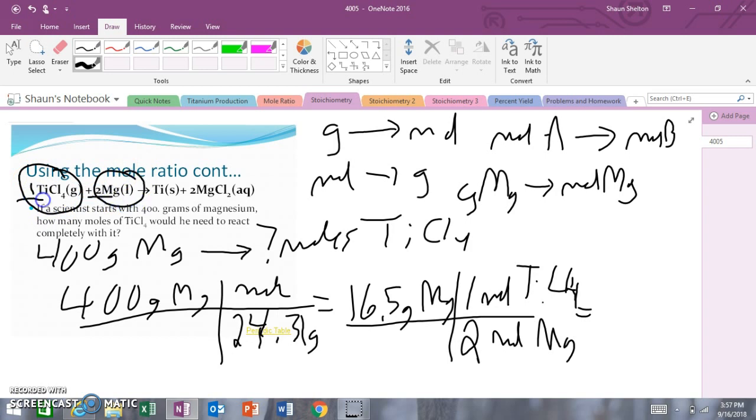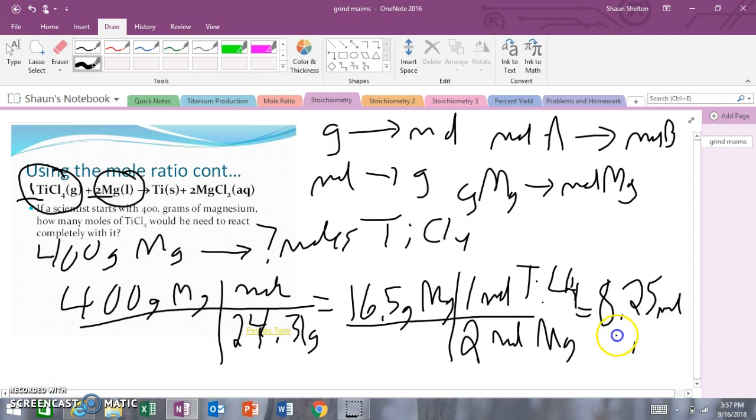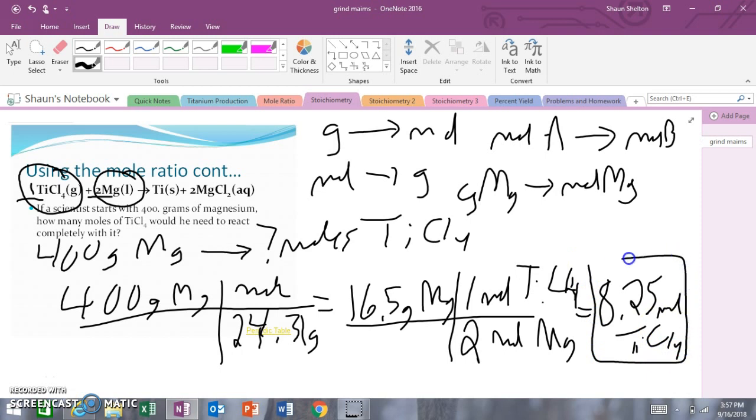So you know where the mole ratio is coming from. All we do now is take that 16.5 and multiply it by 1 and divide by 2, which is going to give me 8.25 moles of tickel. Always make sure you include your units. So that's the answer for that question.